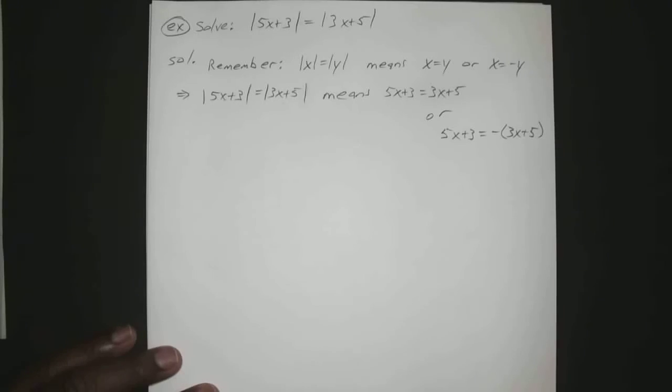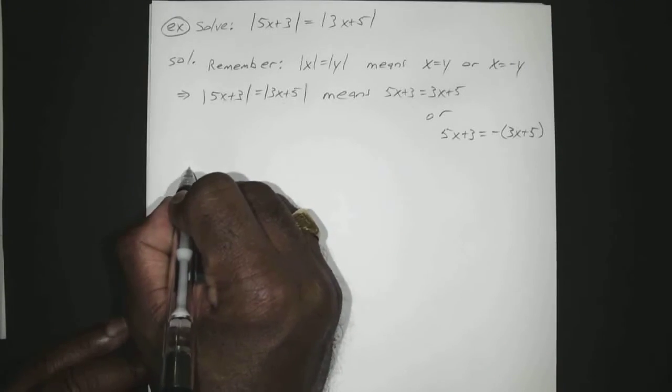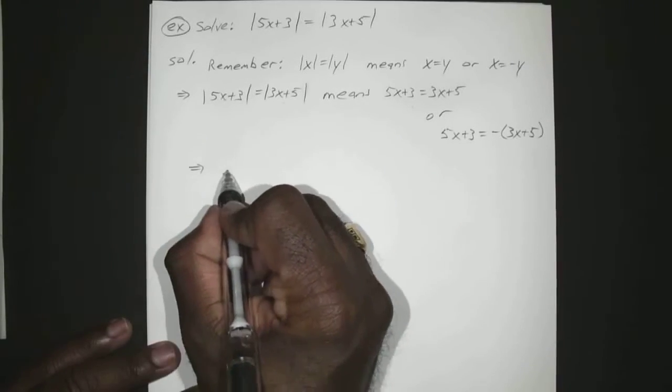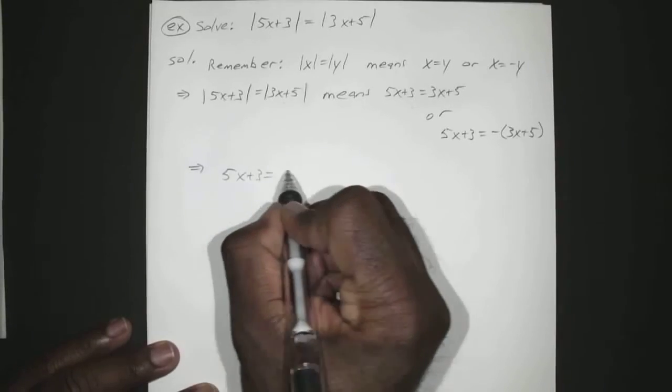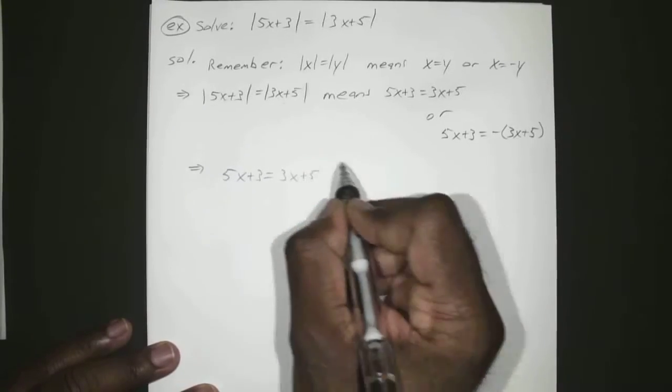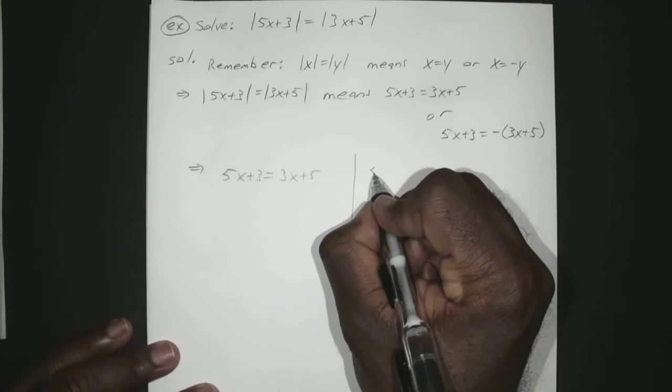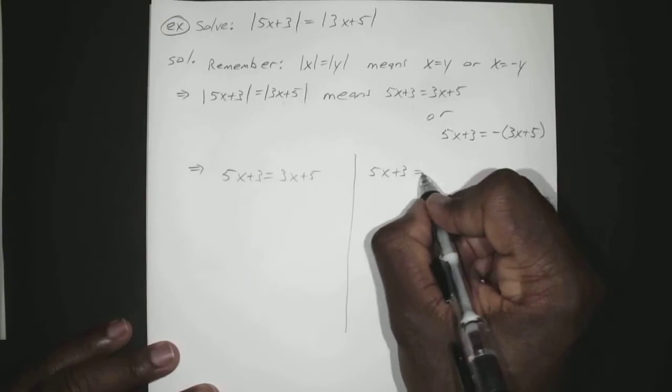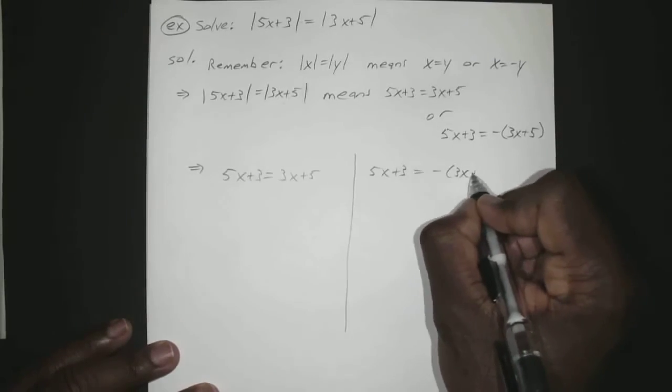Okay, so if we go ahead and solve both of those, 5x plus 3 equals 3x plus 5, and 5x plus 3 equals negative 3x plus 5.